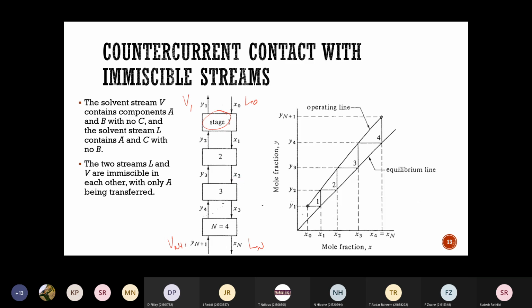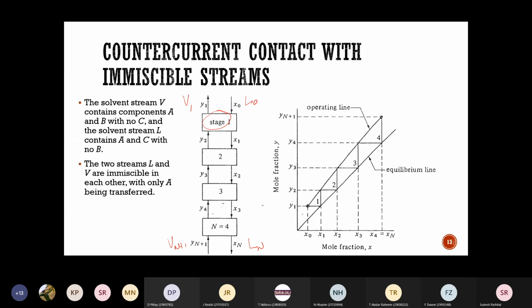Okay, there's a question. Is M the same for the entire tower? Yes. What is M? M is the total throughput for the system. Total throughput will not change. So if I've got, for example, in stage 1, liquid coming into stage 1 that is, let's say, 20 moles per hour.